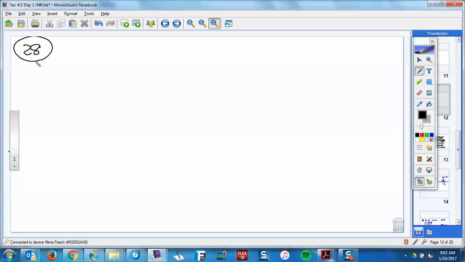Okay, so go ahead and open up your book to that page, and let's take a look at number 28 and get started on it, because it actually has 2 parts. The third part we probably won't mess with. It has 2 parts, and each of the 2 parts have 2 parts.